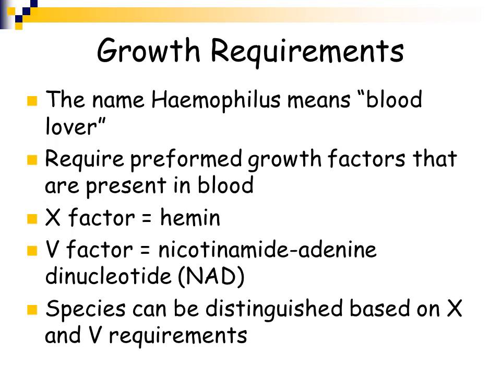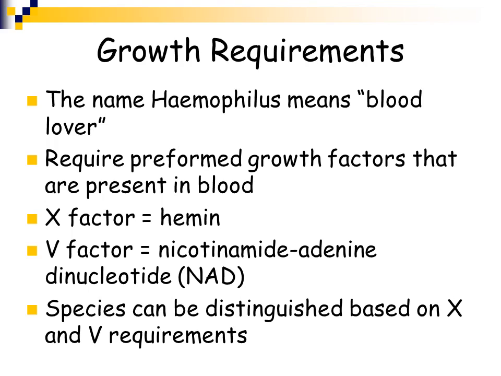The growth factors present in blood are X factor, which is hemin, and V factor, which is NAD, or nicotinamide adenine dinucleotide.